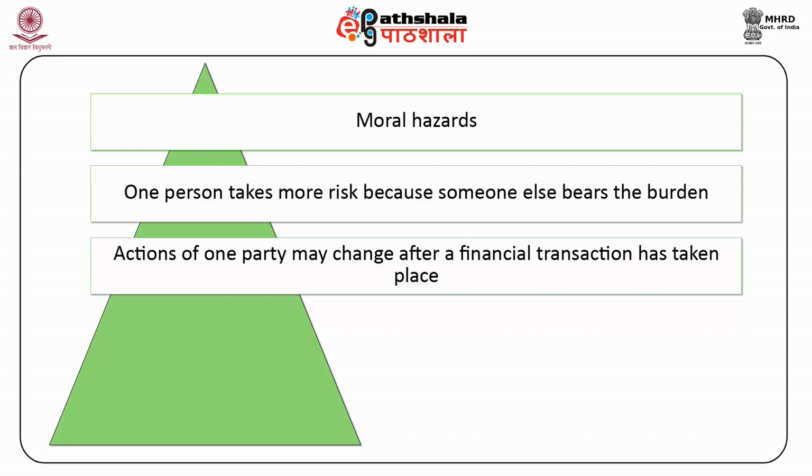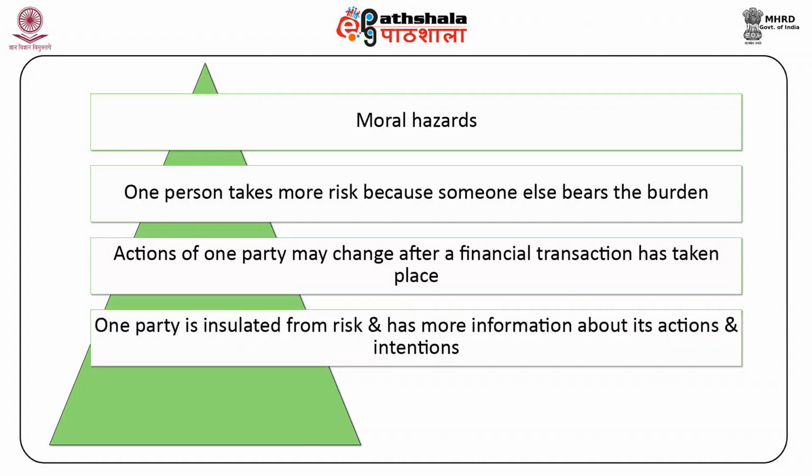In relation to asymmetric information, moral hazard may occur if one party is insulated from risk and has more information about its actions and intentions than the party paying for the negative consequences of the risk.